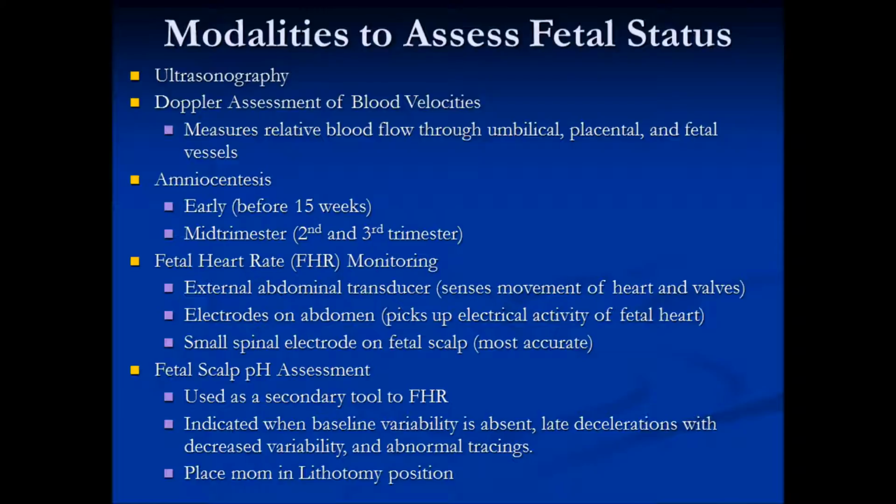And the diagnostic accuracy of ultrasound in detecting anomalies increases with gestational age. So the bigger the baby gets, the more accurate the ultrasound results are. On page 33, there is a table 2-1, and it lists all the clinical applications of an obstetrical ultrasound.